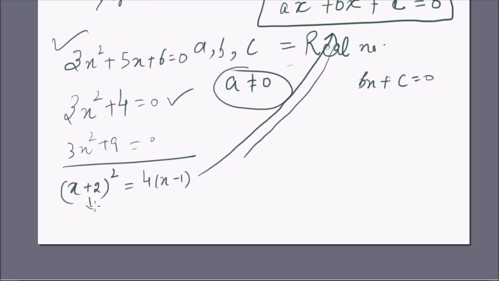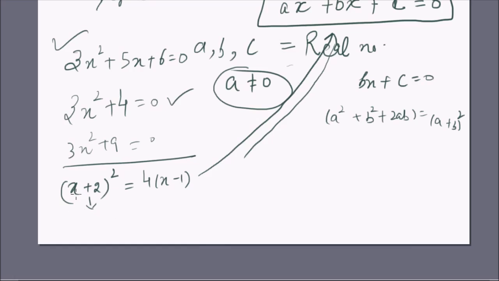Let us simplify the left hand side and right hand side to see what this equation actually is. This perfect square term can be simplified using the identity a square plus b square plus 2ab equals a plus b whole square.